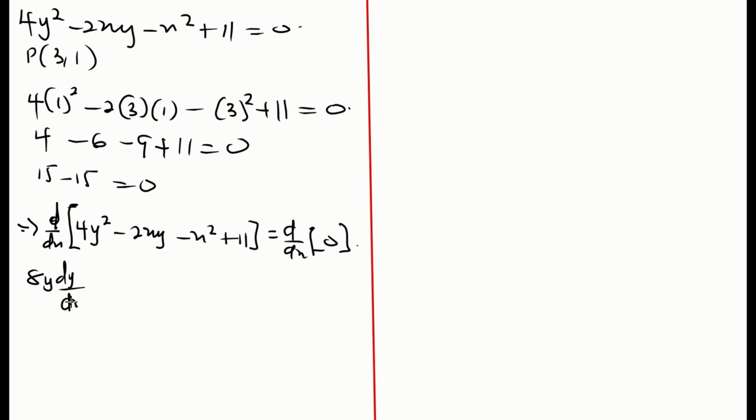Then this is minus, now 2xy over here. We use the product rule where the 2x becomes the first term, the y becomes the second term. We differentiate the first term, 2x, it becomes 2. Multiply it with the second term, which is y.